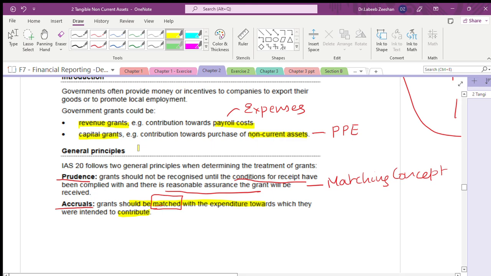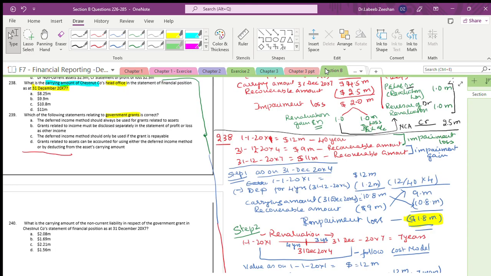Most importantly, what is the question they are asking? Which of the following statements related to government grants are correct? The deferred income method should always be used for government grants. Means when they have received.